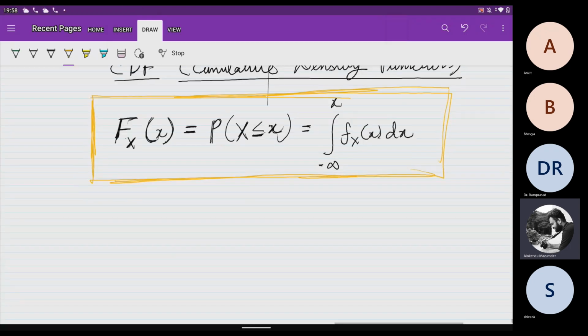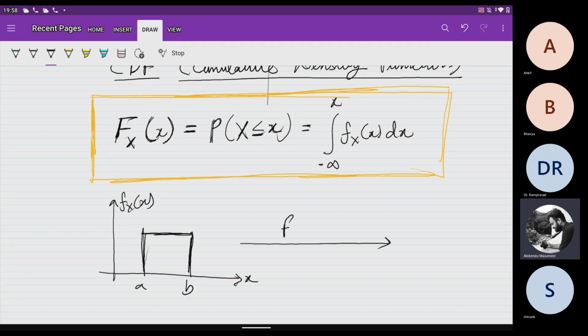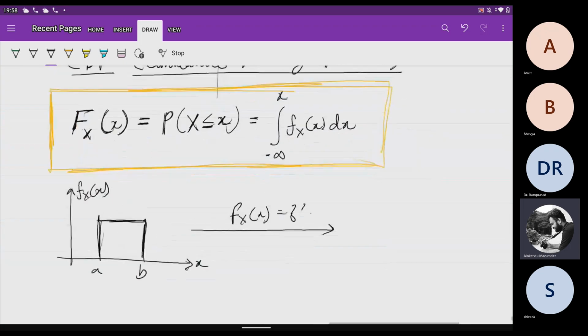Now let me give you a PDF, just a simple PDF from a to b. If I am given this particular PDF, can you tell me how the CDF will look?